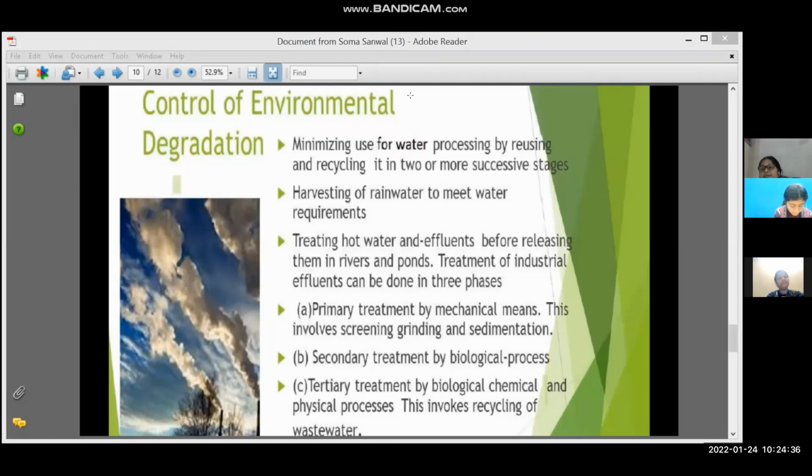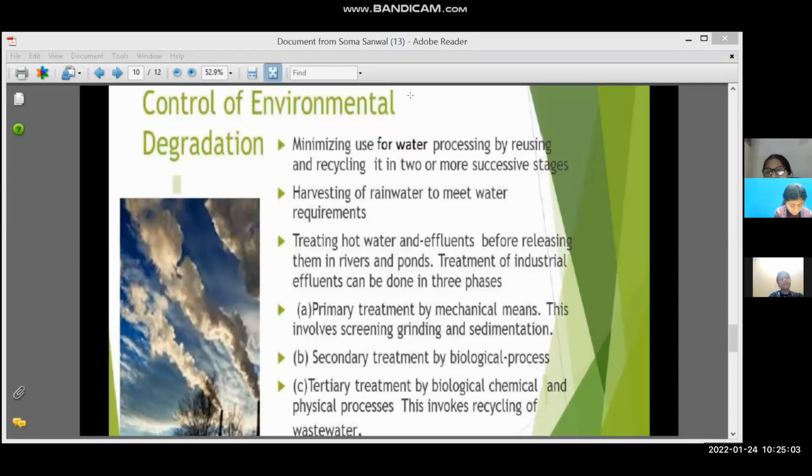This is flocculation. And next is sedimentation. Sedimentation, you all know, is when the liquid waste is allowed to stand still for some time, and by the gravitational force, the waste in that liquid settles at the bottom. So these are the primary treatments that can be given for industrial waste before throwing them into the water bodies.